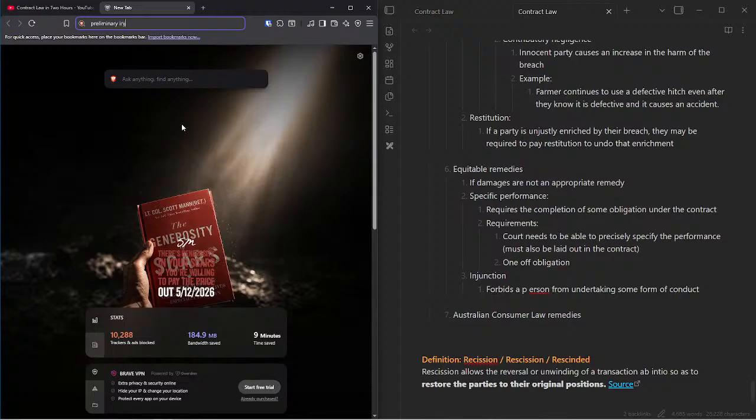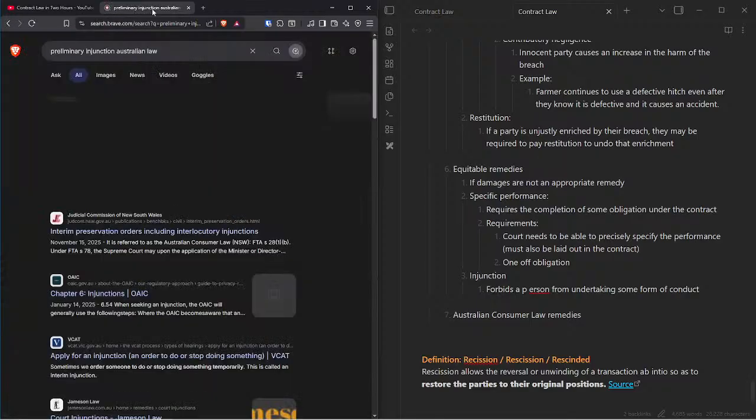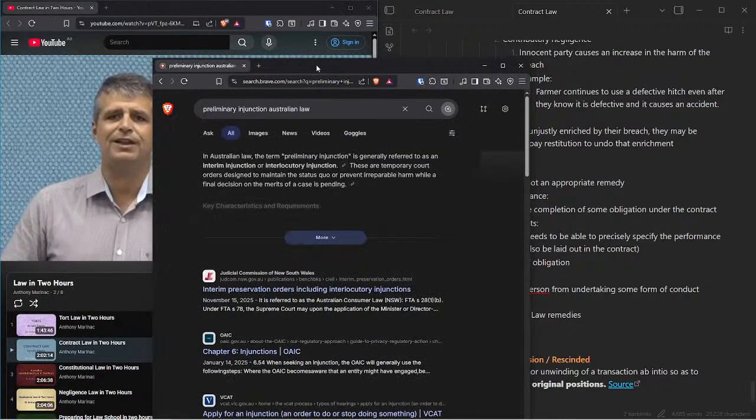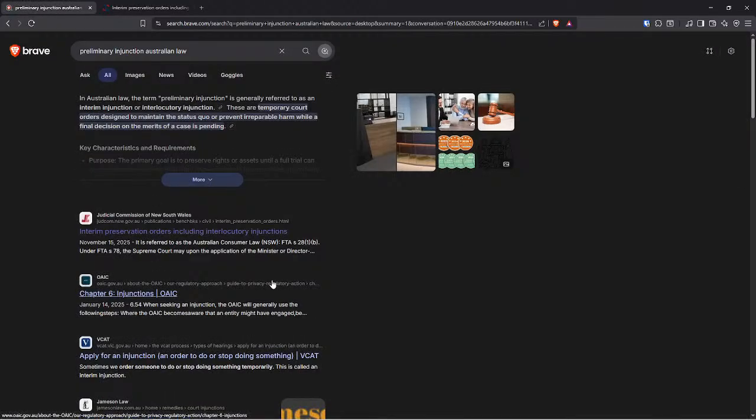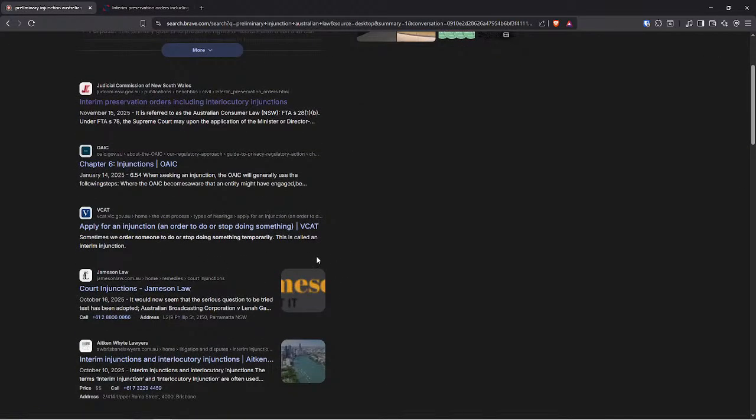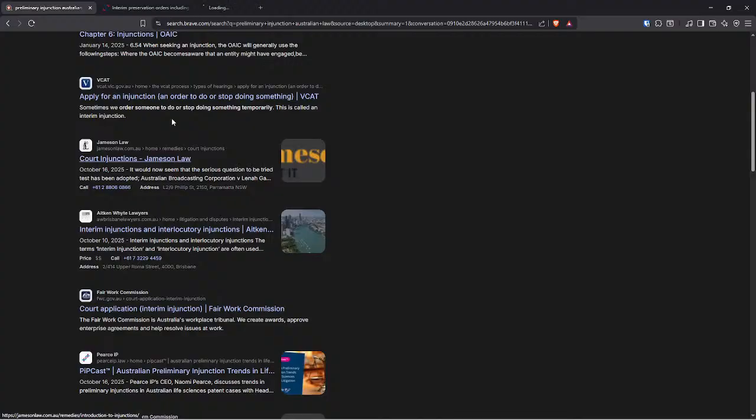Preliminary injunction. Australian law. I just want a definition for dummies, you know? Court injunctions.